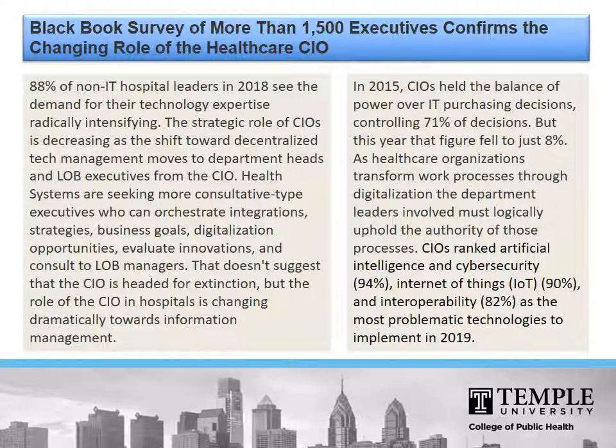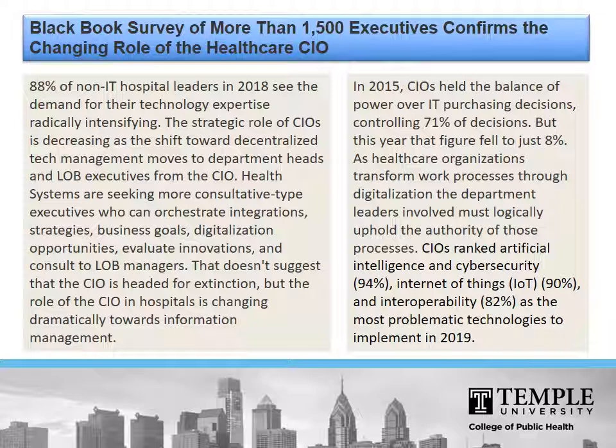That does not suggest that the CIO is headed for extinction, but the role of the CIO in hospitals and health systems is changing dramatically from what used to be application, programming and development, and hardware and software, more towards information management. Back in 2015, CIOs held the balance of power over IT purchasing decisions, and they controlled 71% of decisions. In the past few years, that figure has fallen to just 8%.